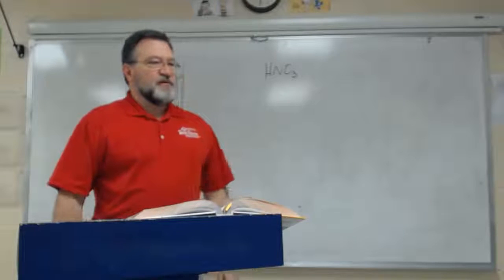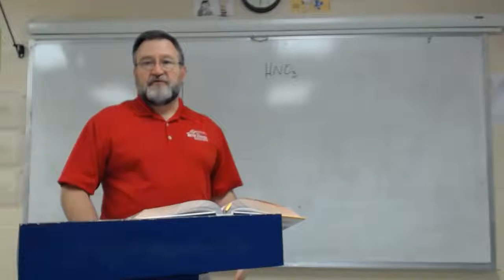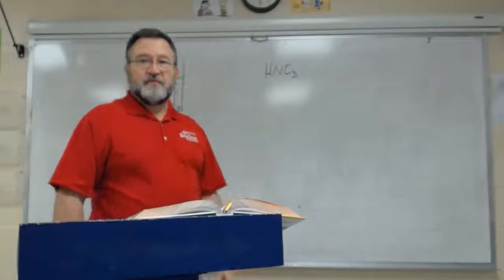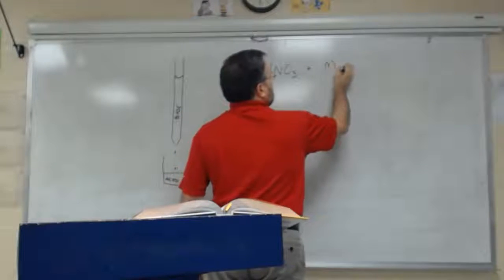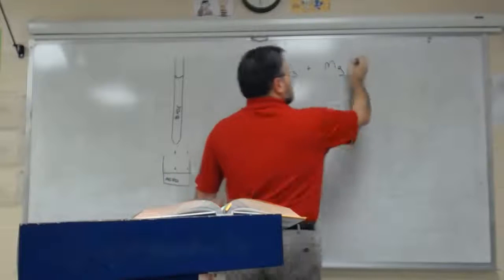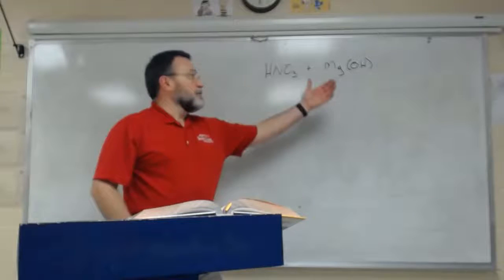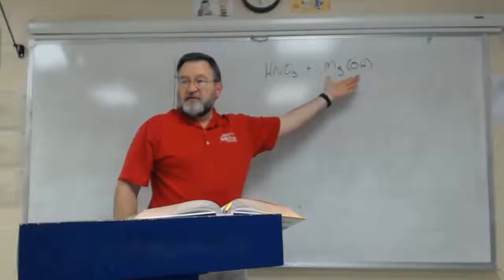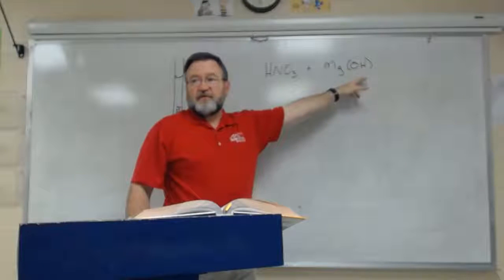But since we've been through Modules 4, 5, 6, 7, 8, and now 9, we know how to figure out what magnesium hydroxide would be, right? It's going to be some combination of magnesium with hydroxides. Is this covalent or ionic? It's ionic, right? Okay.